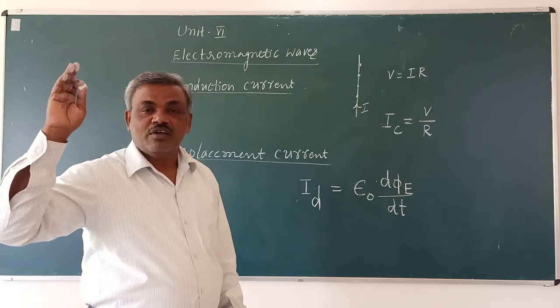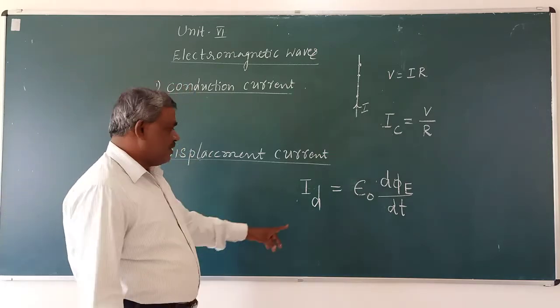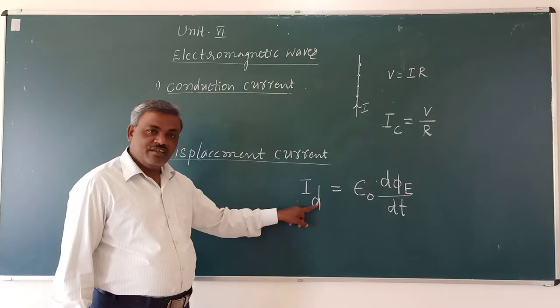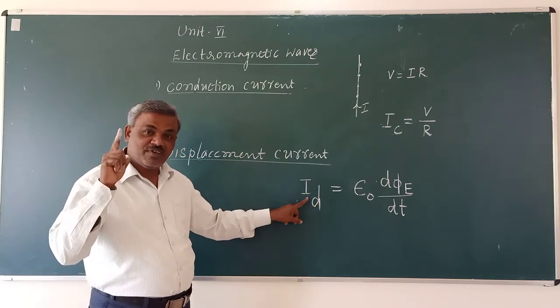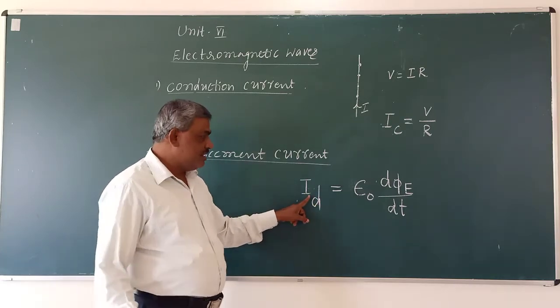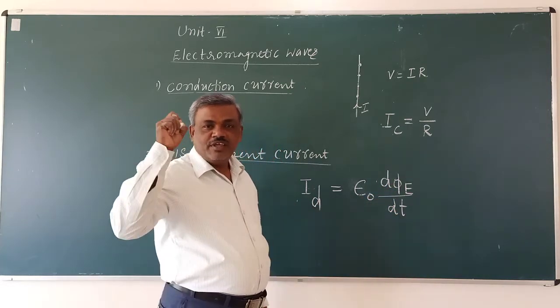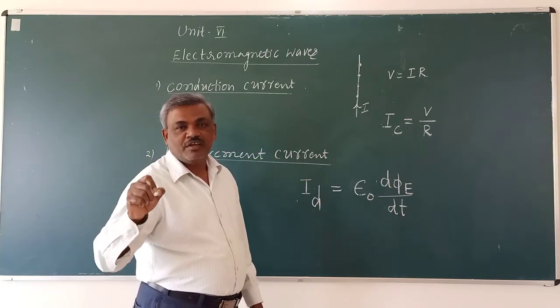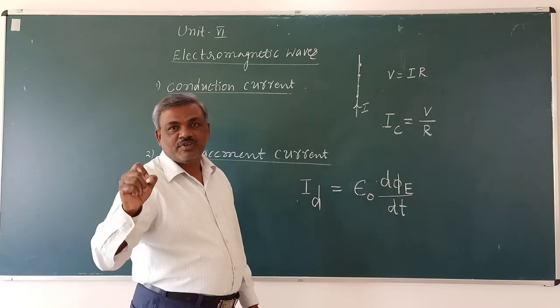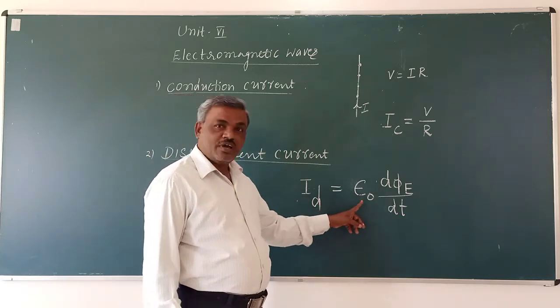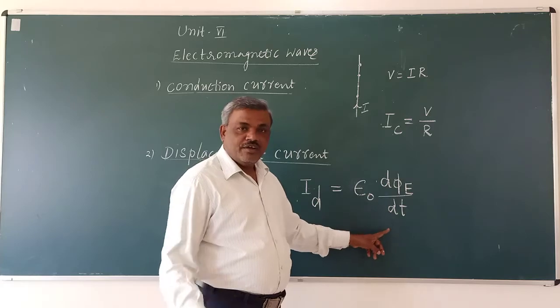The symbol ID represents displacement current. ID equal to epsilon naught dΦE by dt is a very important examination point. Write the expression for displacement current: ID equal to epsilon naught dΦE by dt.